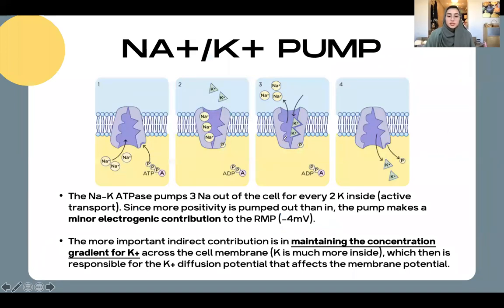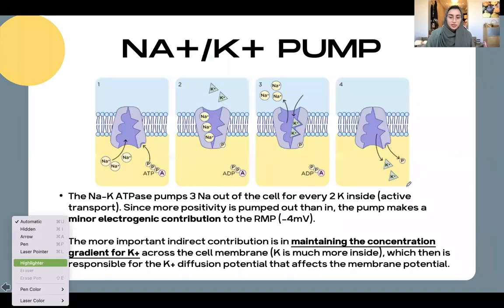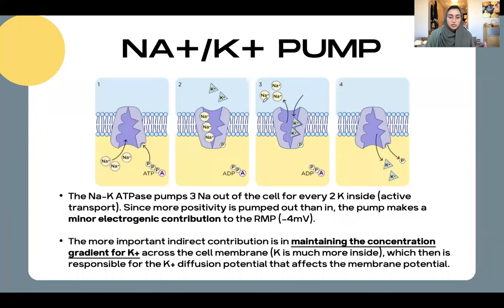What I'm saying is you're getting more negative charges inside because you're losing an extra positive charge, right? You lose +3 and you gain +2. That means you have a net of -1 in here. So all that I'm saying is that the sodium-potassium pump makes a minor contribution to the resting membrane potential by making it a bit more negative, but its main role is just to keep potassium inside the cell.